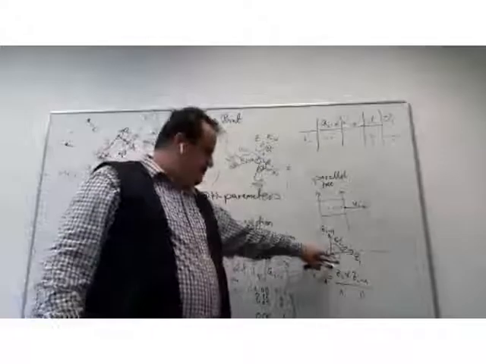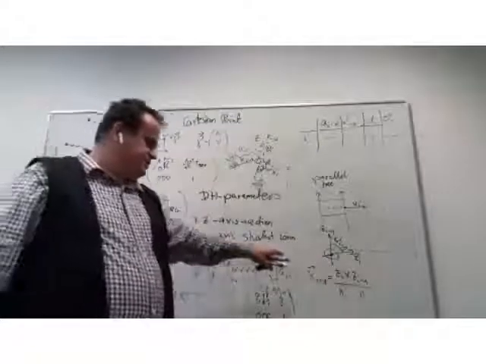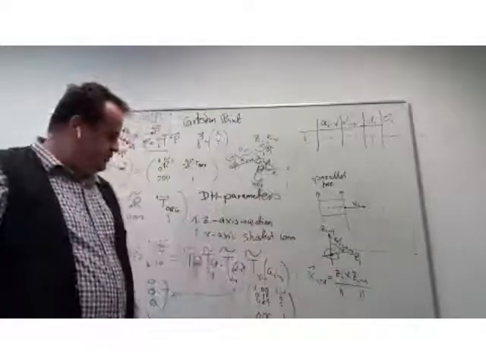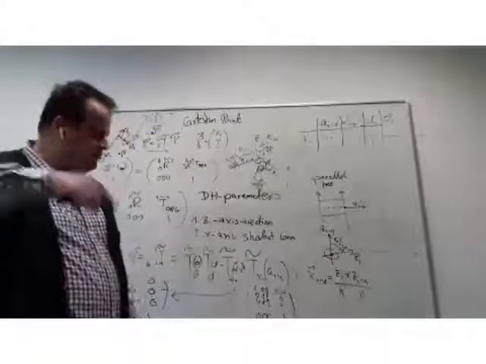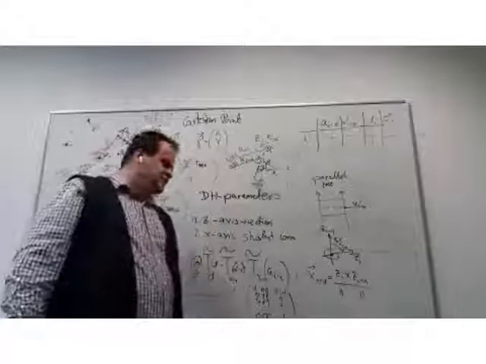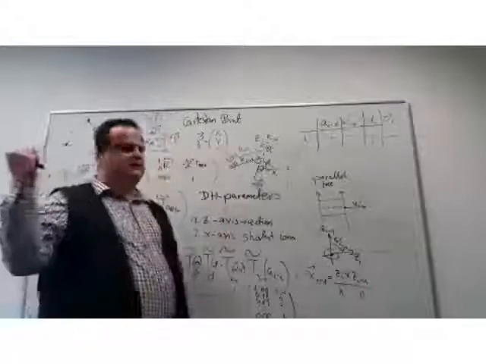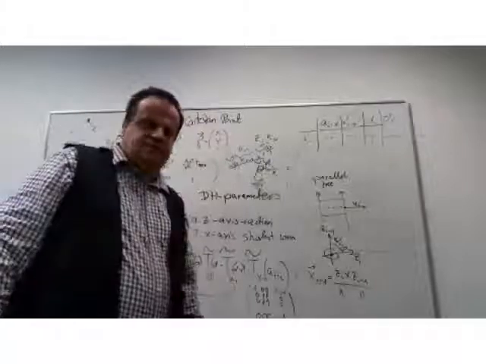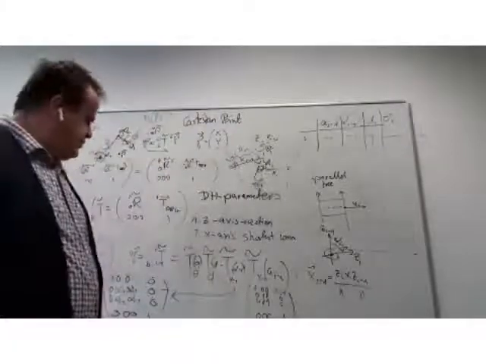The second exception for finding the x-axis is if the two z-axes intersect. Then we need to do a vector product, and we have a free choice. This is always the problem in the exam. So you have a 50-50 chance to pick the direction. You can pick it out of the board or into the board. Both are correct, and we need to follow both solutions.